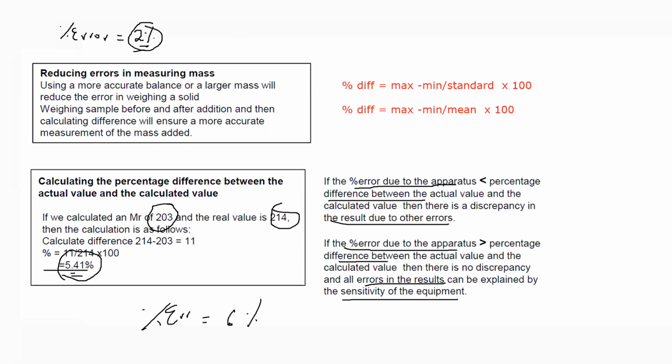So if the percentage difference is smaller than the error of the apparatus, it means the error is due to the apparatus only. Is it clear? Because sometimes you have to identify whether the wrong result is due to the apparatus or due to the surroundings. Is it clear?